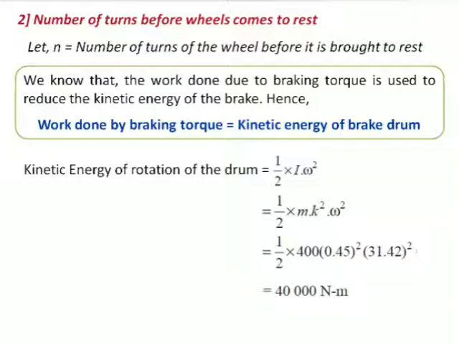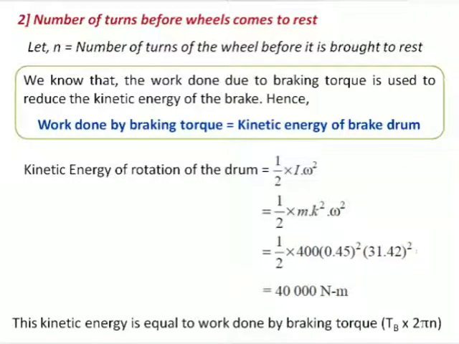So units are important. Repeatedly we are discussing this. Balancing of the units is very important. As radius was taken in meters, mass in kg and omega in radians per second, it means that we are using all standard units over here. Therefore kinetic energy should also be in the standard unit, Newton meter.